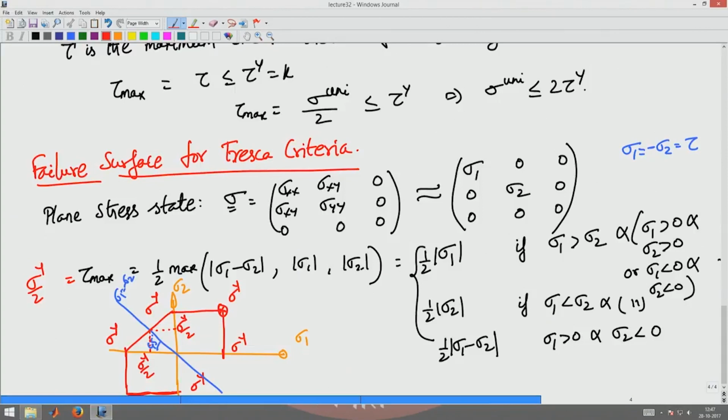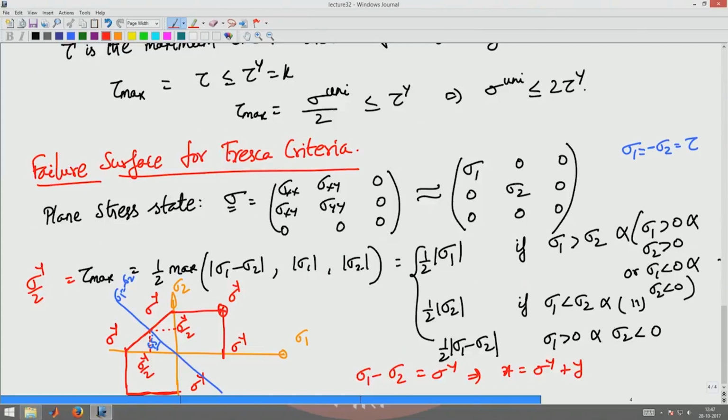And I know that the equation that governs when sigma 1 is positive and sigma 2 is positive is sigma 1 minus sigma 2 equal to sigma y. In other words, this equation is of the form x equal to sigma y plus y. So, this line represents sigma 1 minus sigma 2 equal to sigma y.